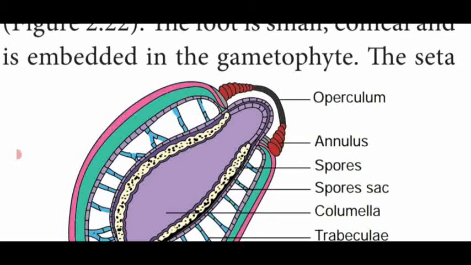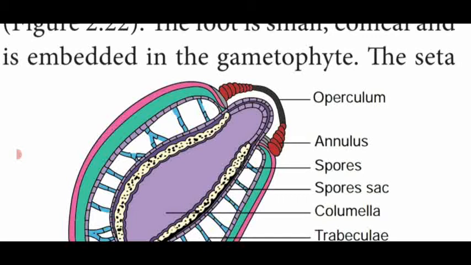The peristome is a double layer of thickened tooth-like projections found on the top of the capsule. They are hygroscopic in nature, that is they absorb water and help in the dispersal of spores. That is the function of the peristome, which is present at the tip of the capsule.